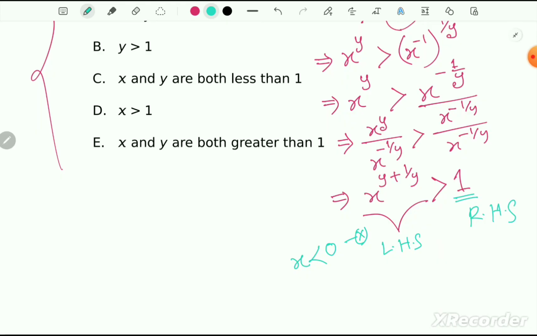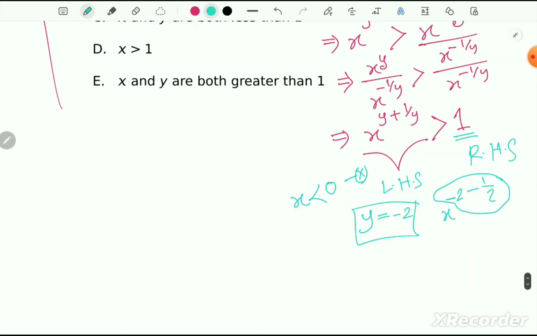What about y? If we put y values, for example, we can put y equal to negative 2, right? It will give us a value x, and with that power will be negative, right? Power will be something like 2 minus 1 by 2, for example. As power is negative, that means this is a fraction number. It's actually 1 by x power 2 plus 1 by 2. This way we can consider.